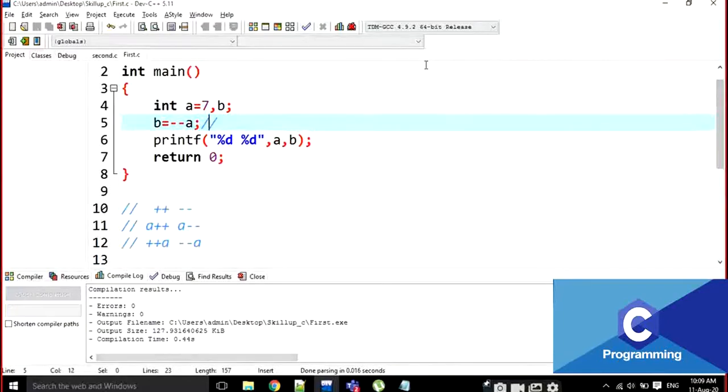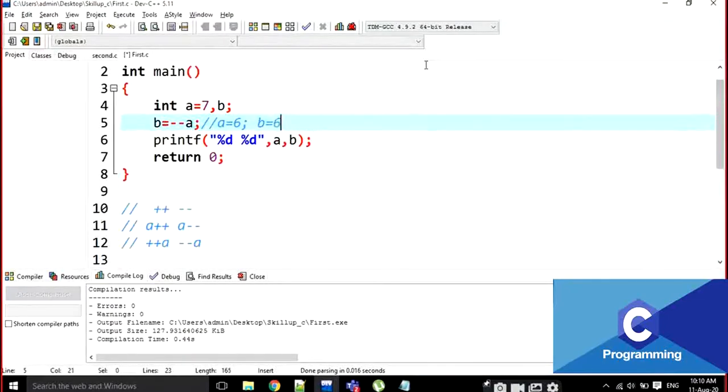Pre-decrement means this operation is going to be evaluated first. What is the A value? 7. The A value is 7. Then A becomes A minus 1. What is the A value now? 6, sir. Then B is equal to A. Then this operation is working. What is the A value? 6, sir.